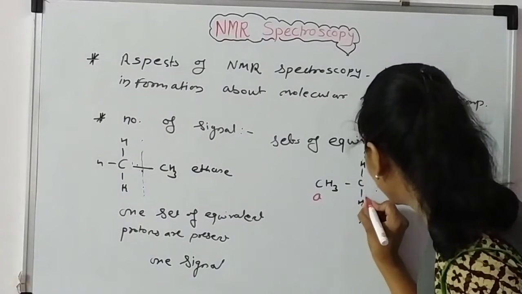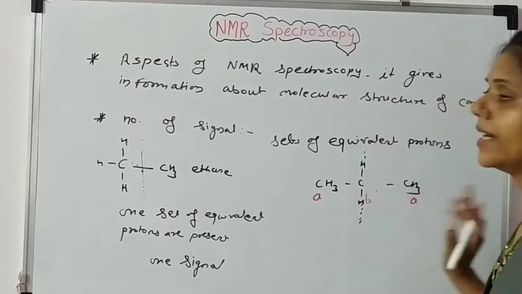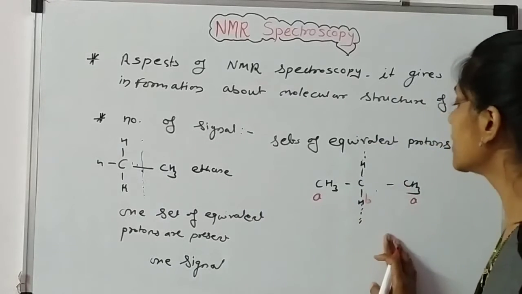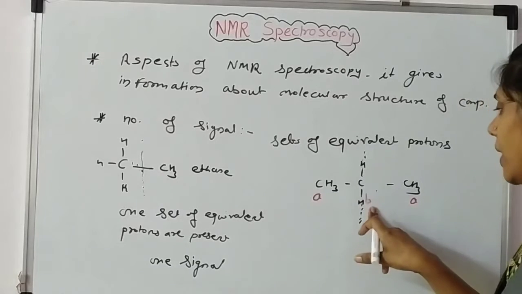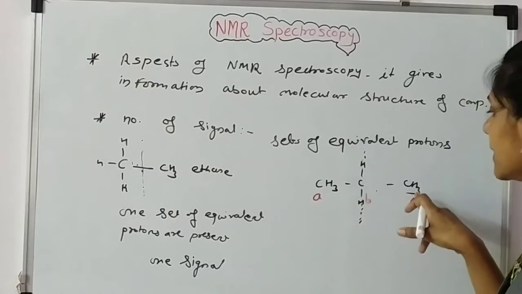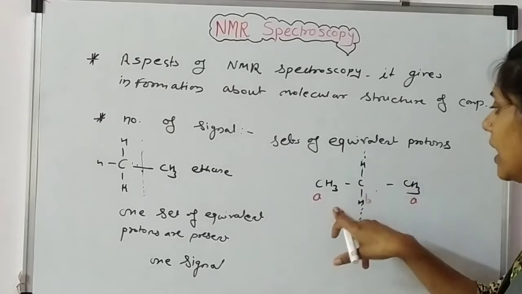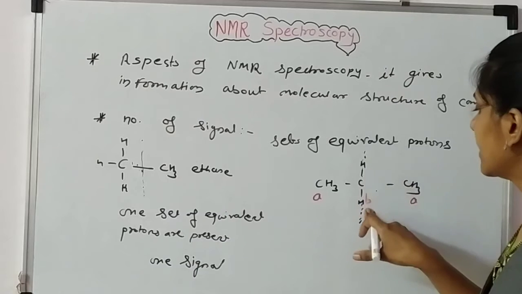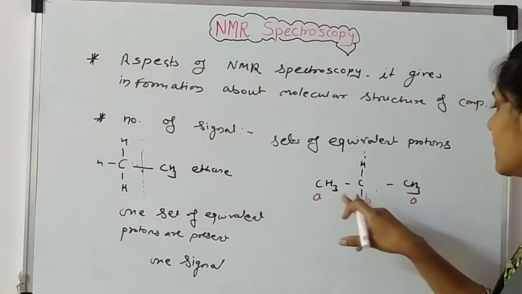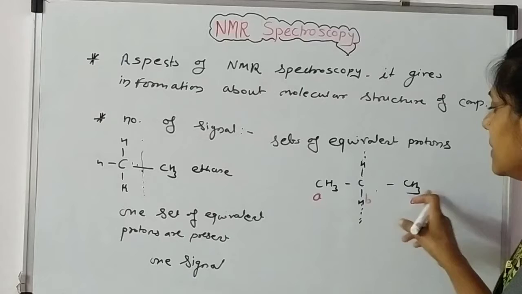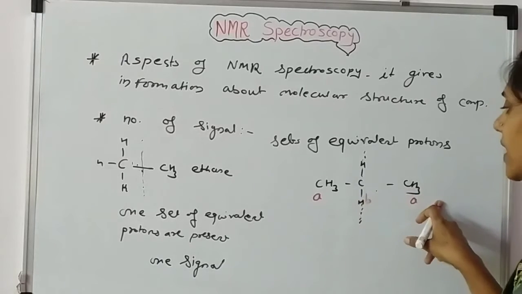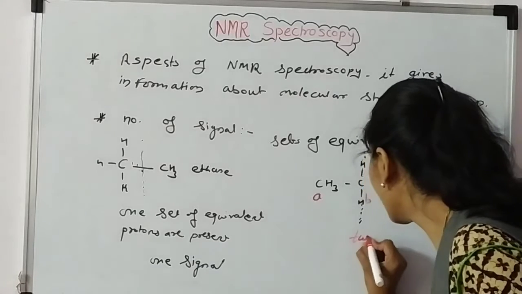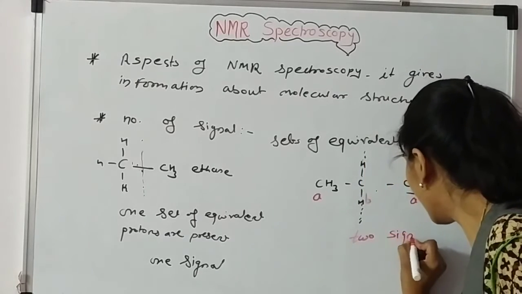So here we can write this is the second set of equivalent protons, B. Now we get the 2 sets A and B. That means these 6 protons give one signal and these 2 protons give one signal. That is, we get a total of 2 signals.